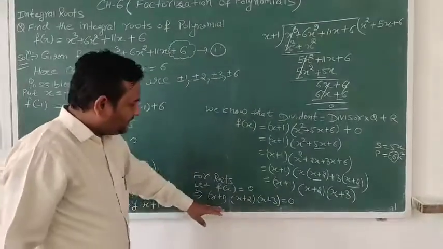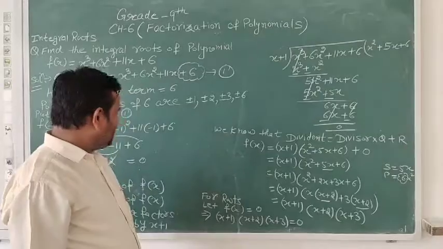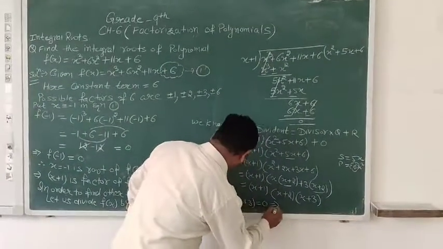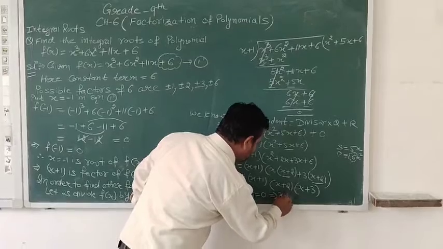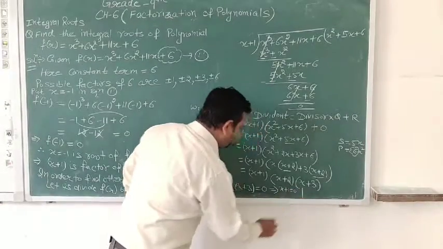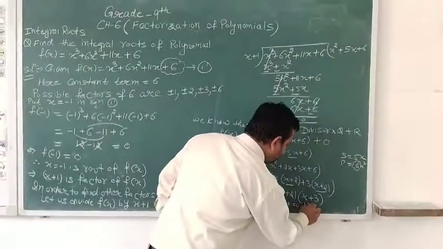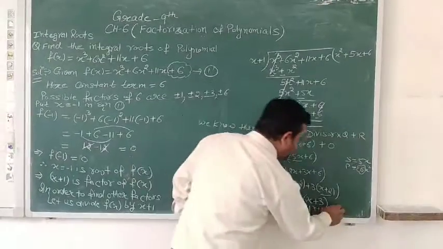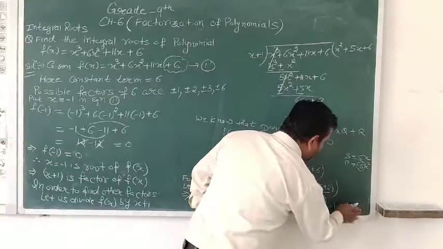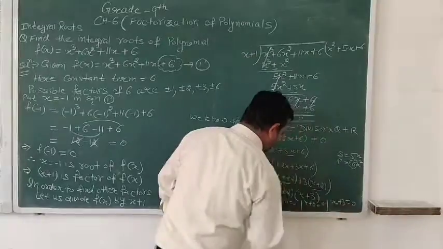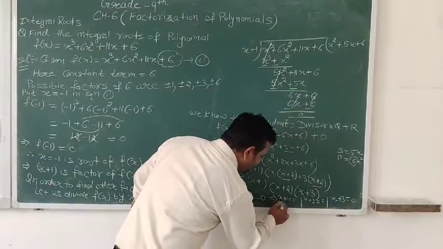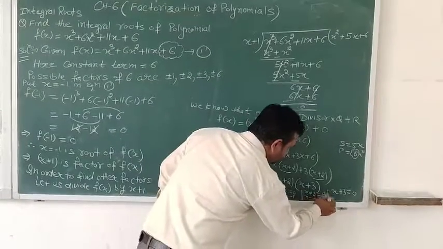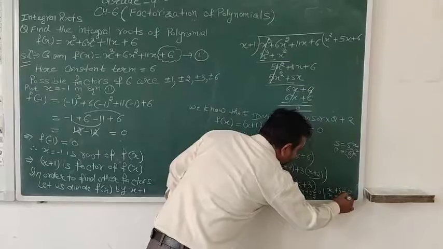It means when the product of these 3 is equal to 0, it further implies either x plus 1 equal to 0, x plus 2 equal to 0, as well as x plus 3 is also equal to 0. So you can see that x is equal to minus 1, x is equal to minus 2 and here x is equal to minus 3.